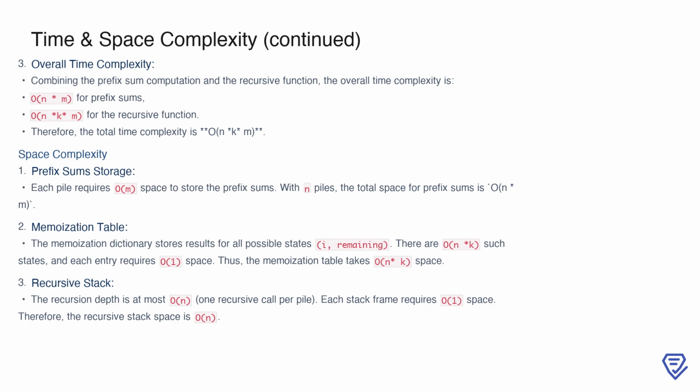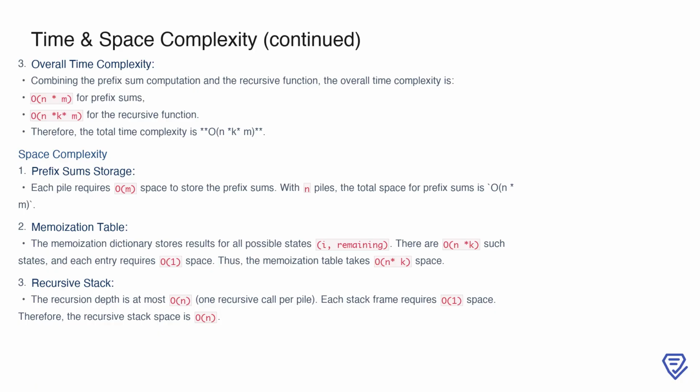Now turning to space complexity, we first consider the storage required for prefix sums. For each pile, storing the prefix sums takes m space, and with n piles, this totals to n*m. Next, we factor in the memoization table, which stores results for all unique states, i and remaining.